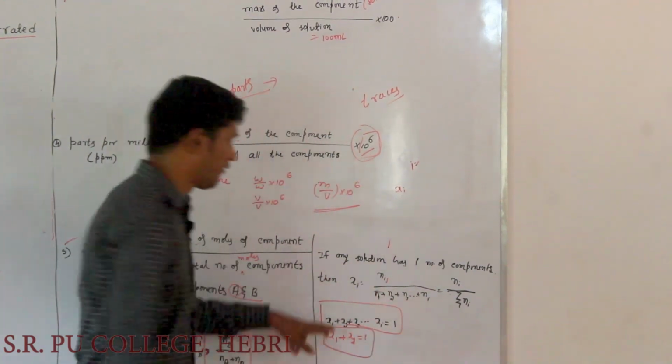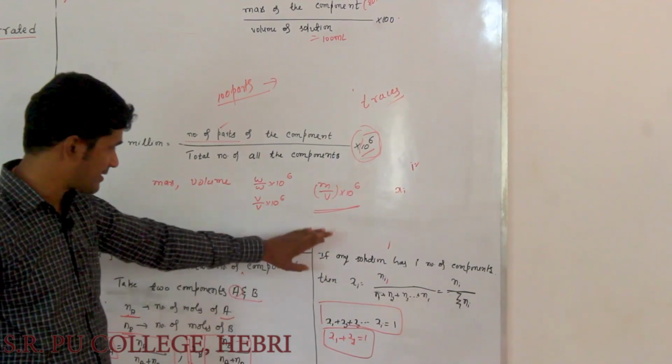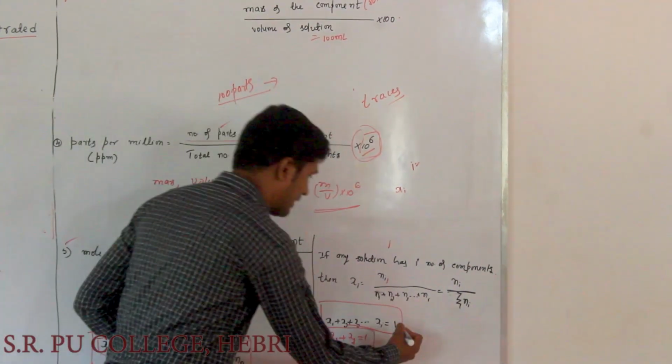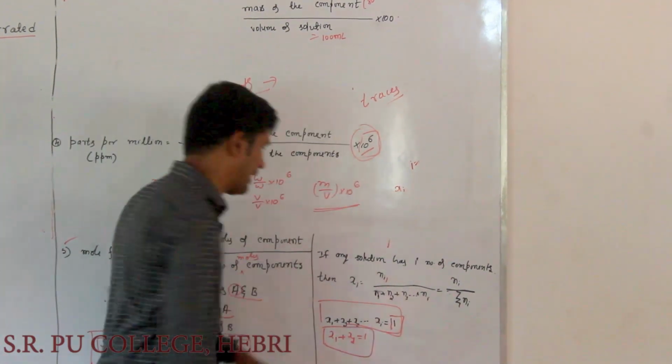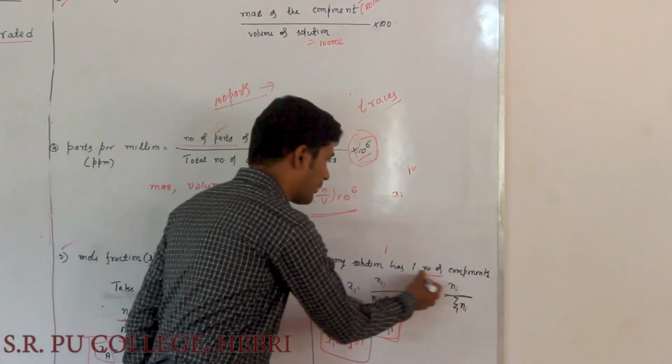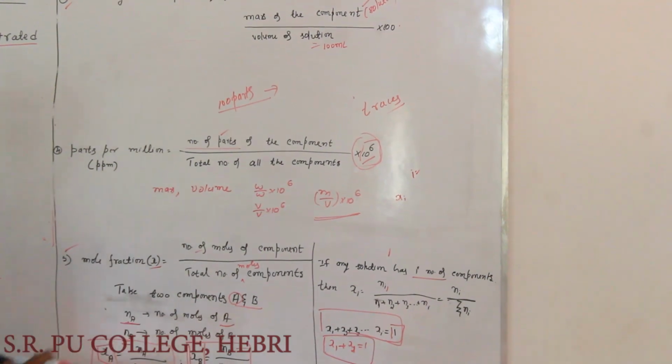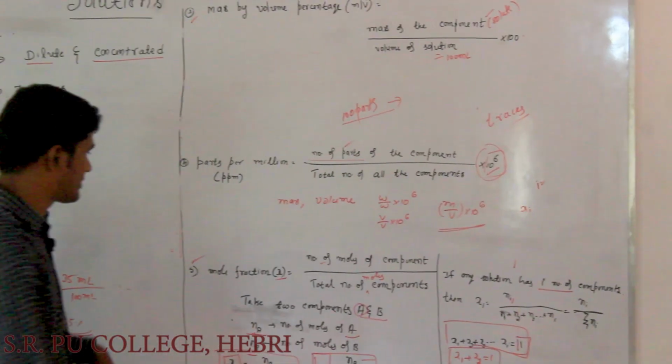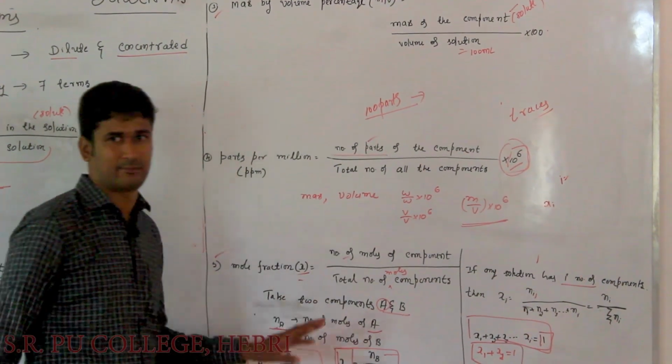The sum of the mole fractions of all the components present in any solution is always equal to 1, whether it is a binary solution or has i number of components. So this is about the fifth concentration term, mole fraction.